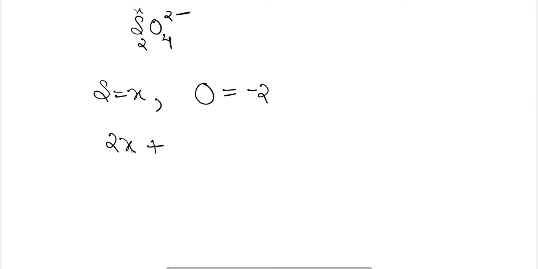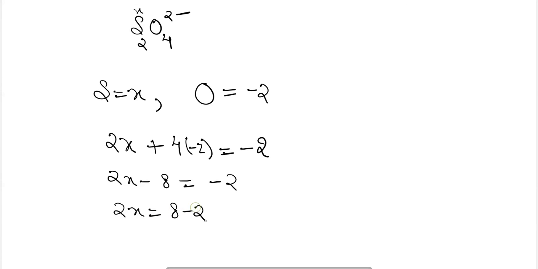So 2x plus 4 multiplied with -2 is equal to the total charge of -2. So 2x minus 8 is equal to -2, so 2x is equal to 8 minus 2, X is equal to 6 by 2, that is equal to 3. So the answer will be +3.